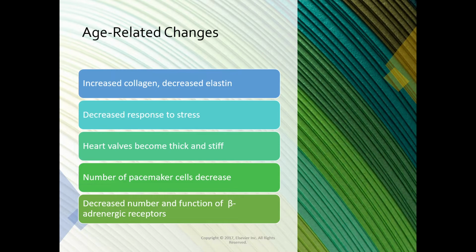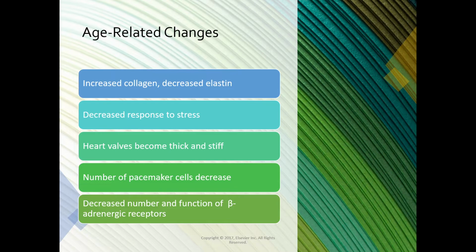And these changes affect the heart muscle's ability to stretch and contract. That is essentially one of the big things, right? Decreased response to stress. So the more stressed they are, they're unable to deal with it properly. And really, basically with stress, what you're seeing is there's a decrease in cardiac output due to reduced contractility, right?